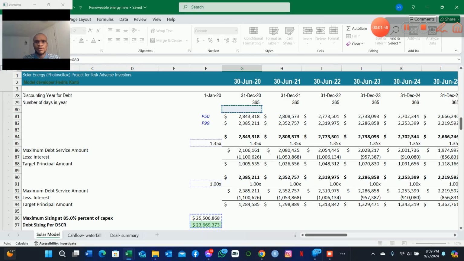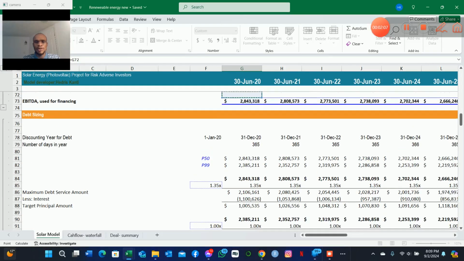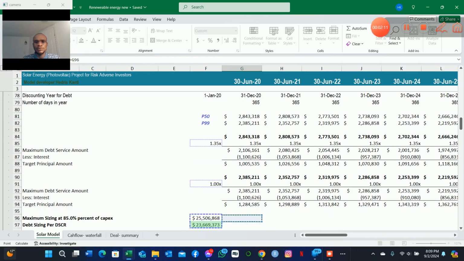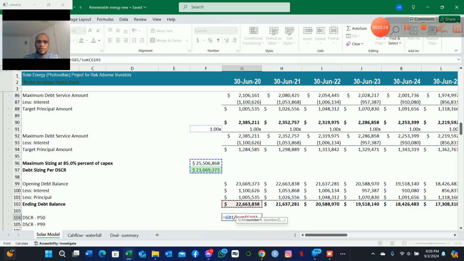So we will grab the P50 EBITDA and the P99. Take the number and then we divide it by the sum of the principal and the interest.